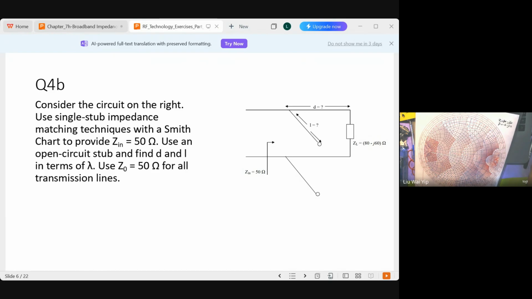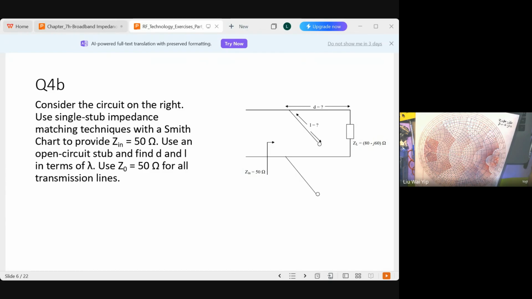You are given the load impedance 80 minus j60, and the characteristic impedance of the transmission line is 50 ohm. So we are going to match this load impedance to 50 ohm.